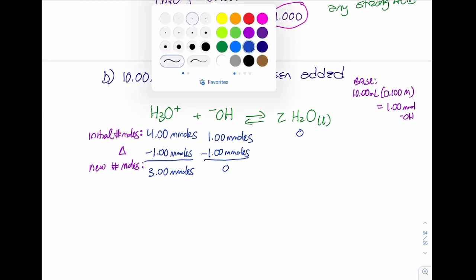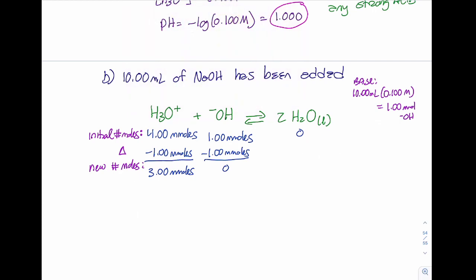I do still have to figure out my pH. Remember, my pH is the negative log of my hydronium ion concentration. This is not my concentration. This is my amount. So I do need to divide that by my total volume. So I'm going to take the number of millimoles that I have and divide it by my total volume in liters.